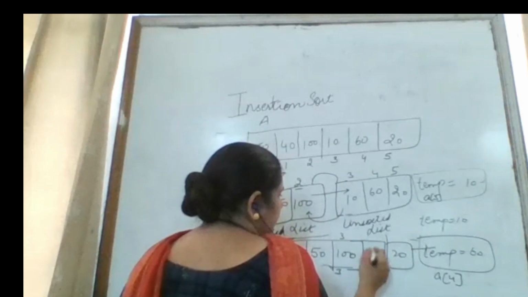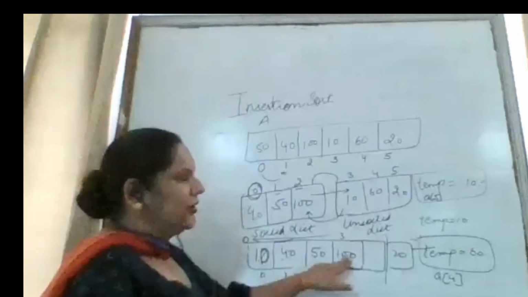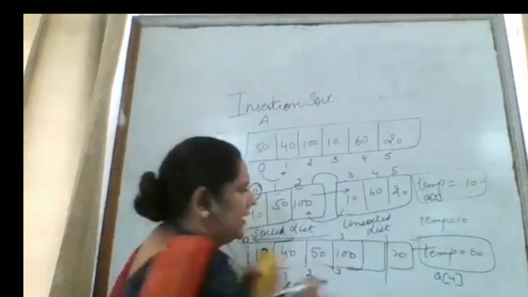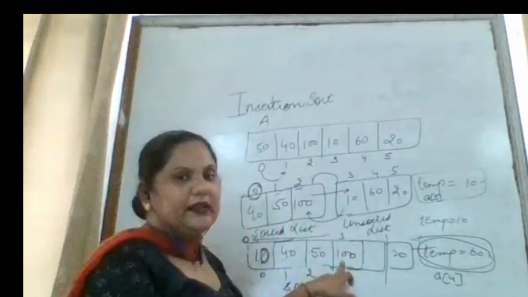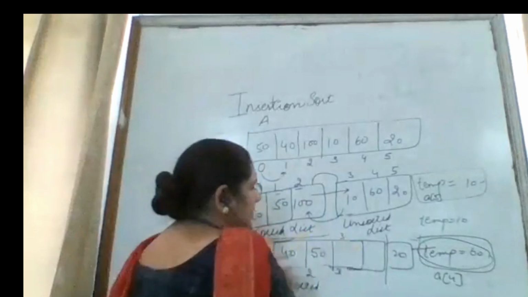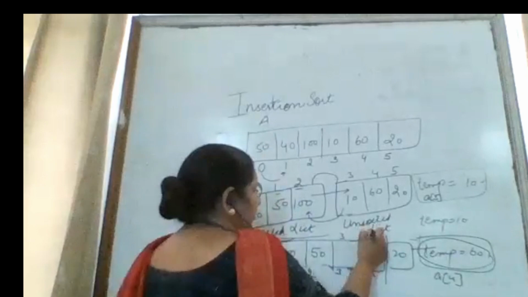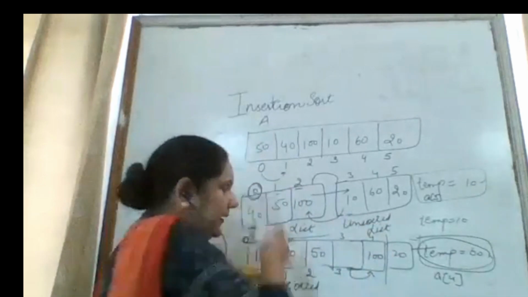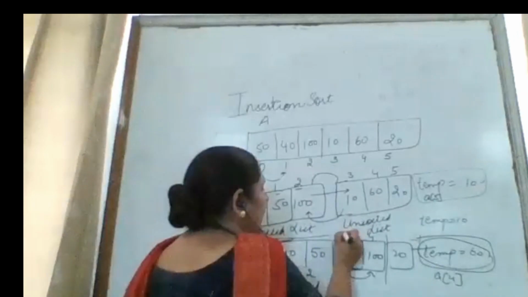So I will put 60 since we have to compare the 60. Now 60 is smaller than 100. This key is smaller than the last element, that is 100. So you will move this 100 one position right, that is, we will take 100 to the 4th location. Now you will compare j is equal to I minus 1.